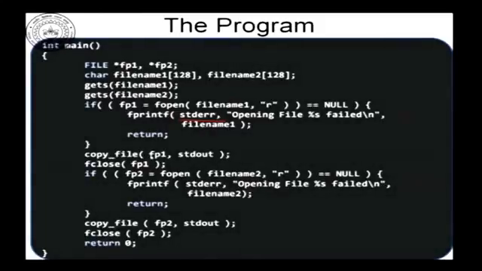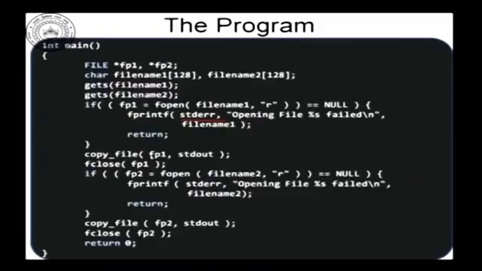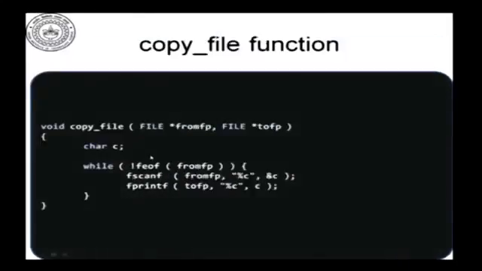So now what is left is, what is this copy file function, right? So, let us look at the copy file function. Now, there are two ways to start writing any function which takes files as arguments. One is you can take the file name as the argument itself, and within the function try to open the file.